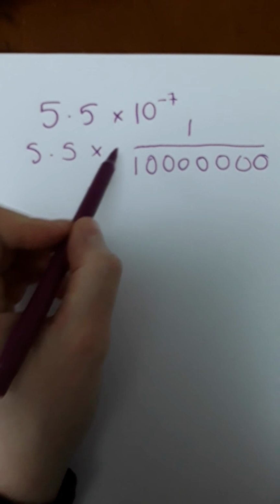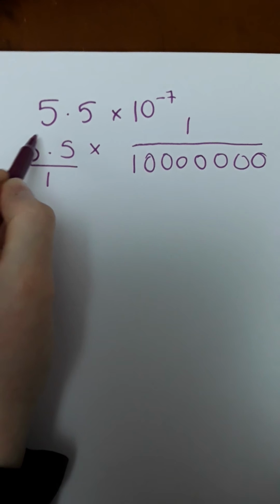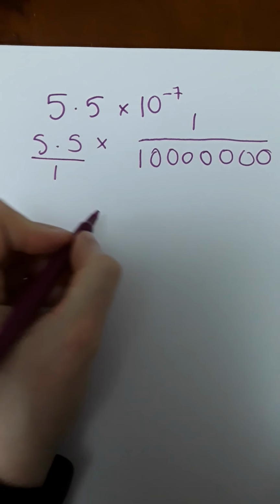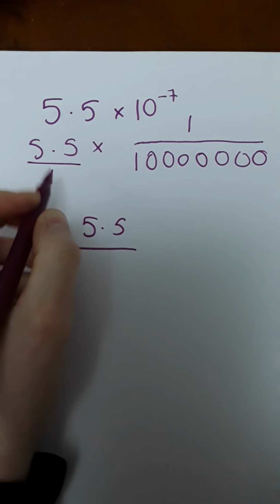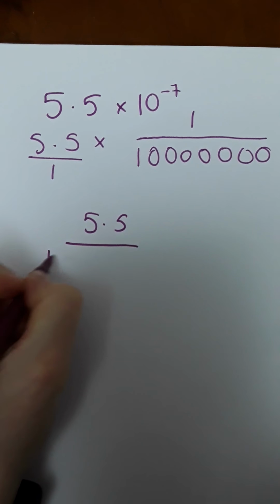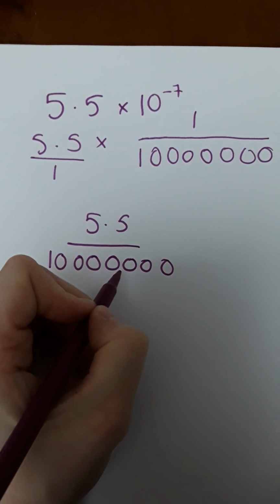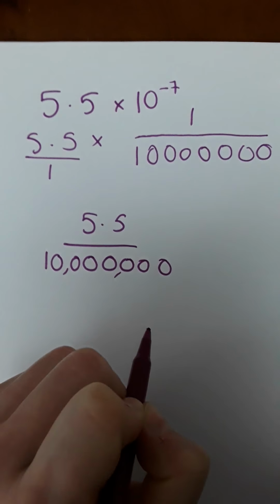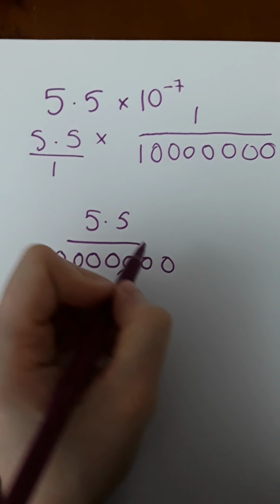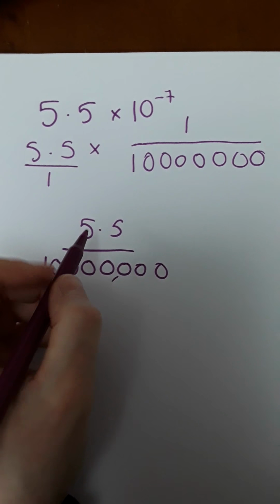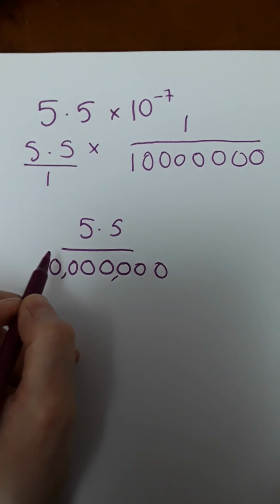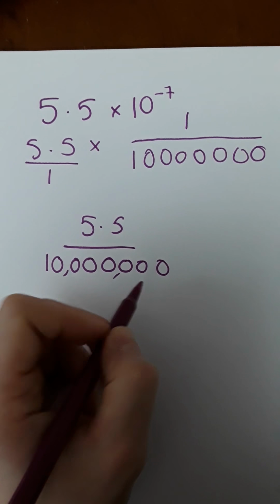Now notice, if I times my two objects together, I'm going to times 5.5 by 1, which gives me 5.5, and then 1 times 10 to the 7, which would be 10 million, really means 5.5 divided by 10 million.